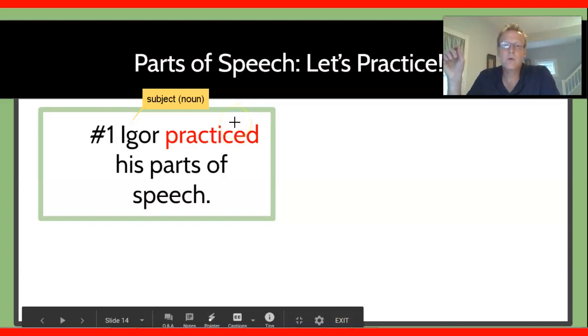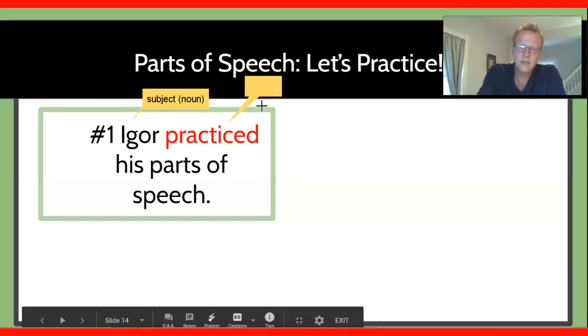Don't mix up your parts of speech with the parts of a sentence. Nouns are almost always found in the subject position or the object position in the sentence. All right, my verb, in this case, the verb is the part of speech and it's the part of the sentence. So practiced is in fact a verb.